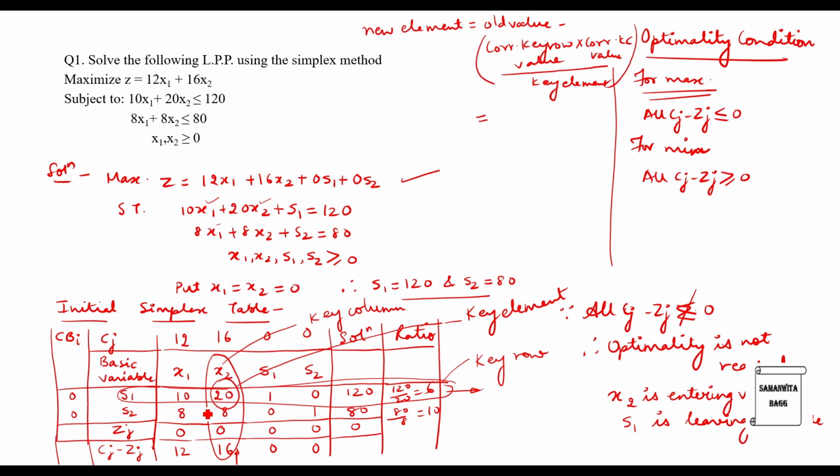So at this position, the old value is 8, minus its corresponding key row value, 8, into its corresponding key column value, 10, and the key element is always 20. So this will be 8 into 10 divided by 20. So this becomes 4. So at this position we will have value 4.